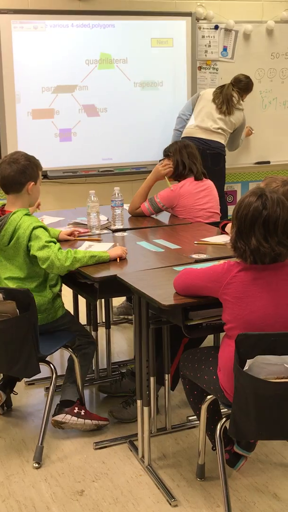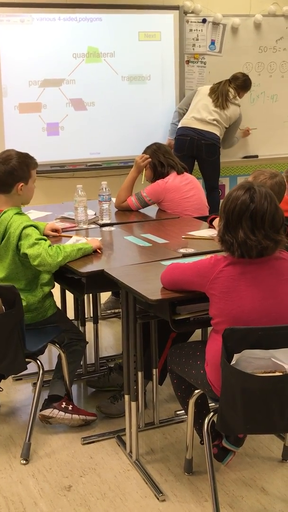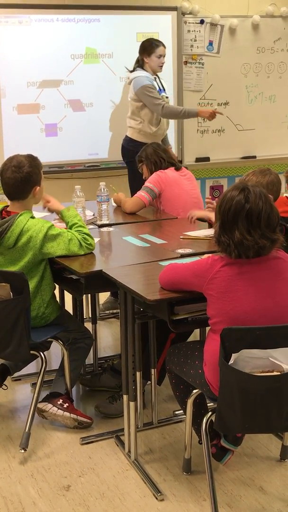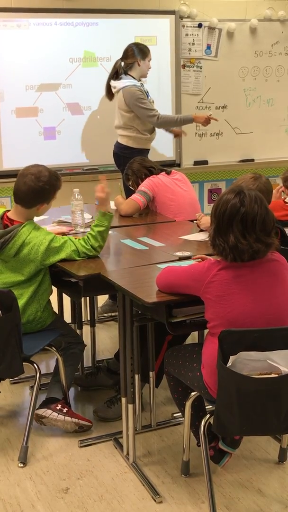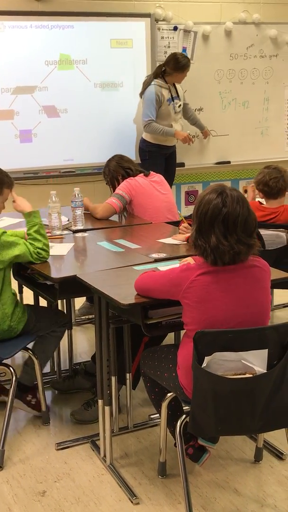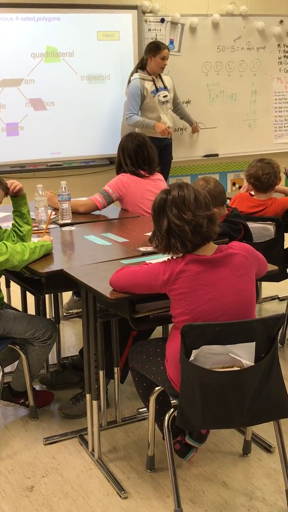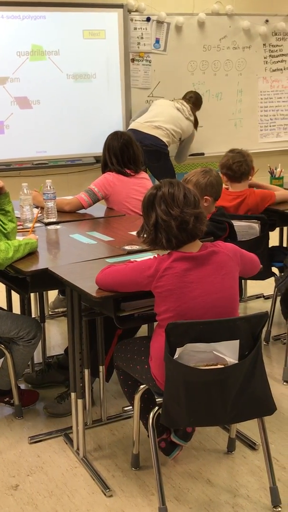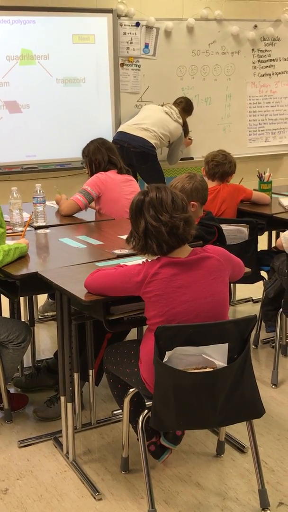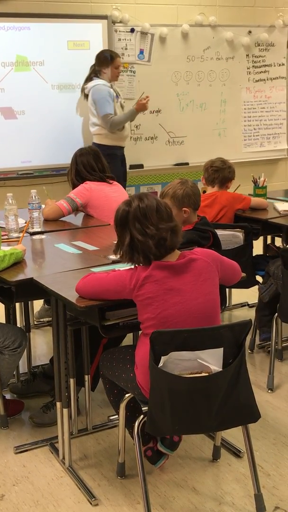Now, if I have an angle that is less than or greater than, Cece? If I have an angle that is greater than a 90-degree angle, it is called what? An obtuse. I think of an obtuse.